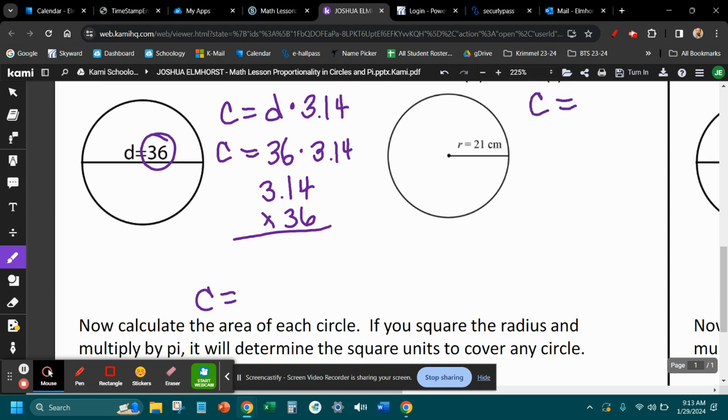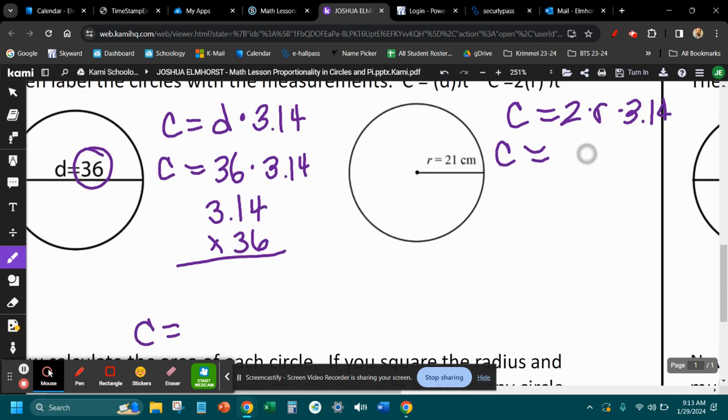And we have the circumference of this circle is going to be equal to 2 times the radius times 3.14. So we got the circumference is equal to 2 times, we take out the radius and put in 21, times 3.14.